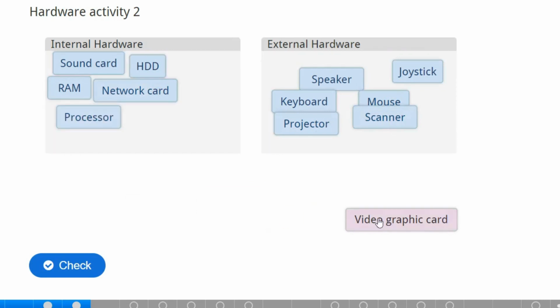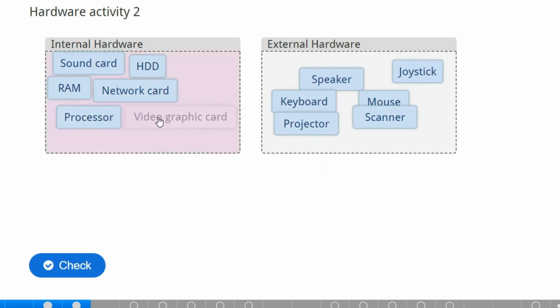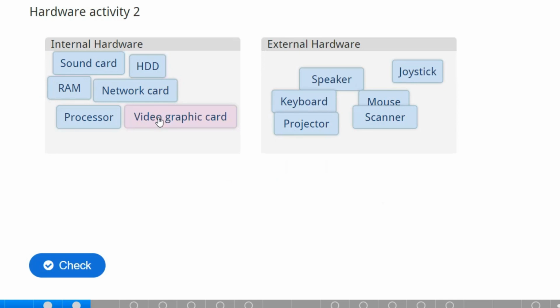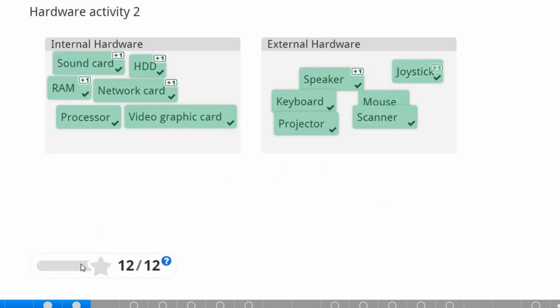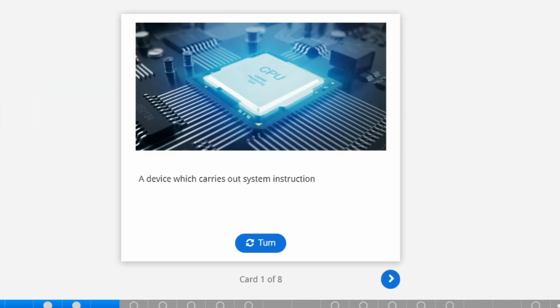Processor is inside. And finally, video graphic card is also inside. So from here, you can easily know what are the internal hardware and external hardware. All these are internal hardware, while all these are external hardware. We still have a lot of examples for that.